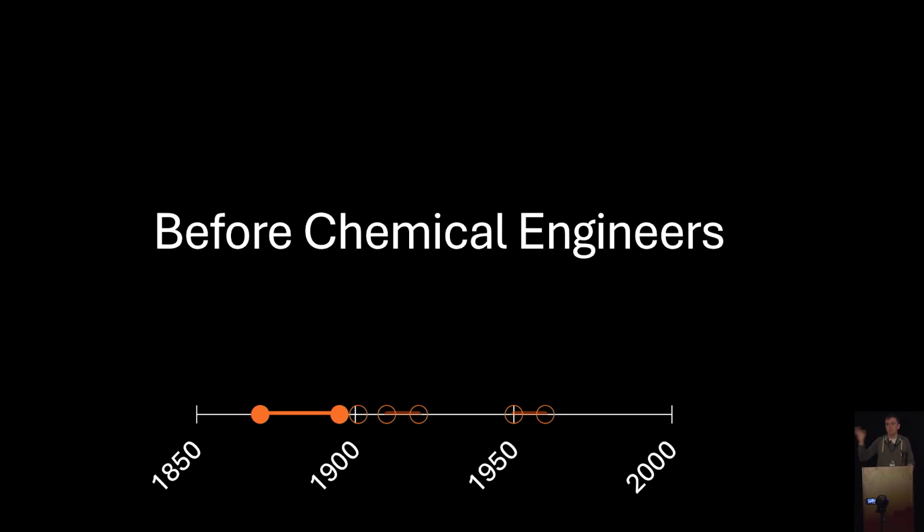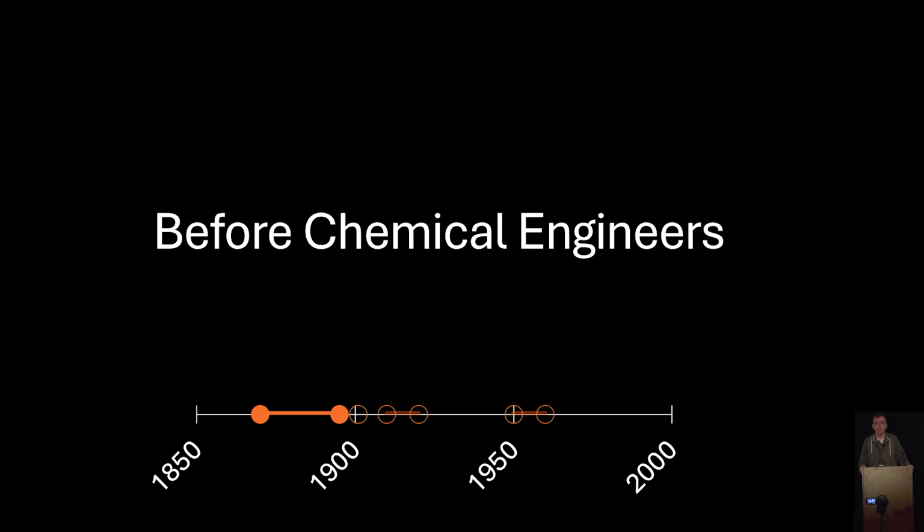Well, you have to keep in mind that there's been chemical manufacturing for thousands of years, all the way back to ancient Mesopotamia. You had people making beer and all that good stuff at relatively small scale. But it wasn't until around the late 1800s that the modern concept of chemical engineering came to be.